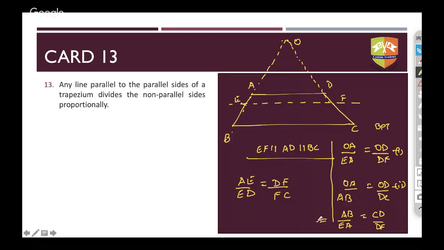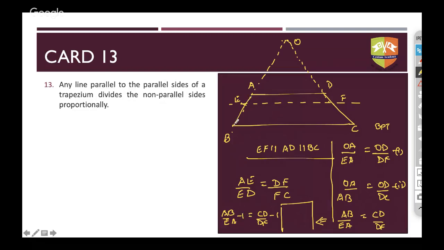Now I am writing in this side and then subtract 1 from both sides. You will get AB by EA minus 1 is equal to CD by DF minus 1. And if you solve it, you'll get AB minus EA on the left hand side. If you take the LCM, you'll get AB minus EA upon EA.